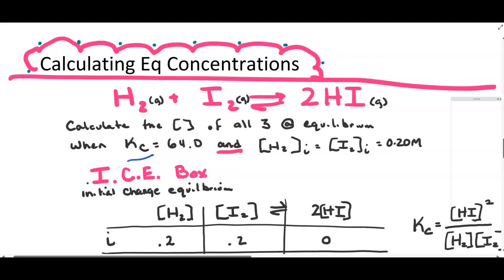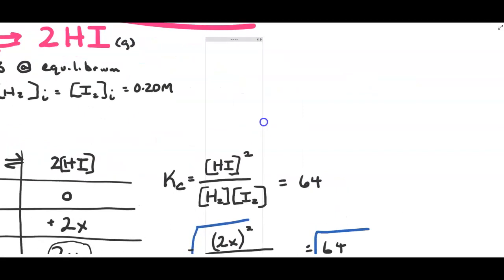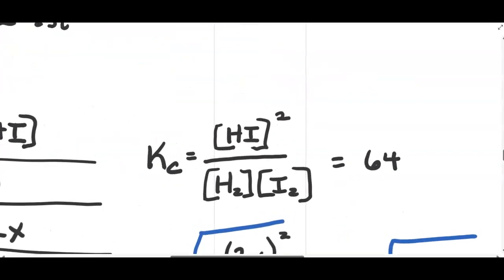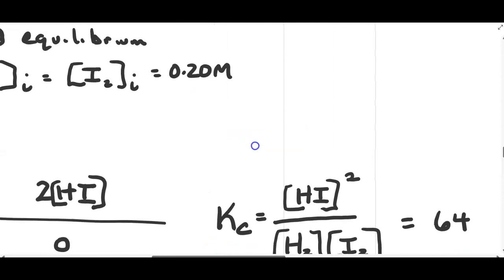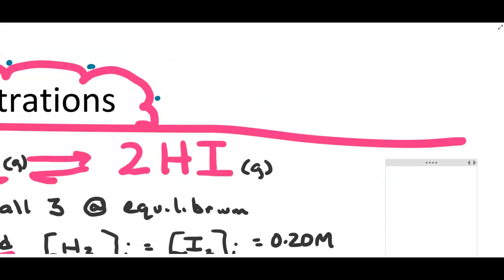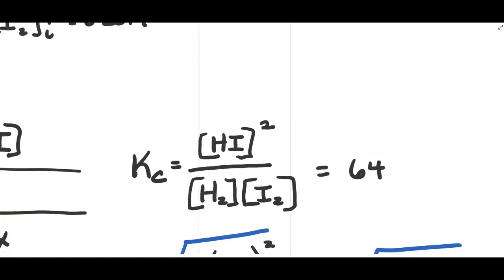We know that our equilibrium expression would have the products on top, with its coefficient of 2, remember, 2 hydrogen iodides, and the product of the concentration of the reactants on the bottom. And that relationship set up is the equivalent of 64.